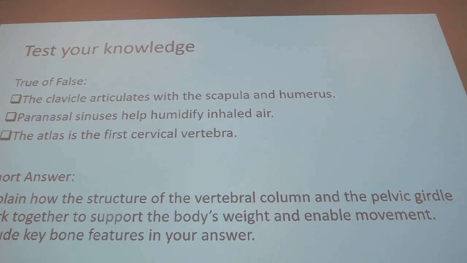And then what enables us to do this type of movement? From the thigh bone and the coxal bone. What part of the coxal bone fits to what part of the femur?